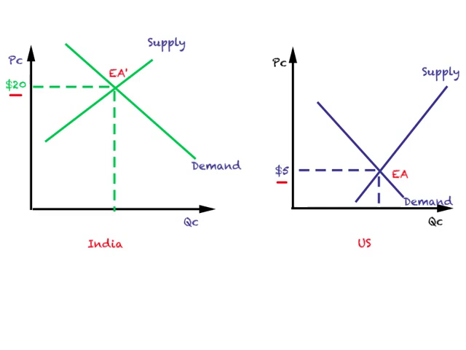An article of clothing is selling for $20 in India and $5 in the US, and so Indian consumers would like to purchase this article of clothing from the US at $5 or any price lower than $20, the amount that they were paying earlier.